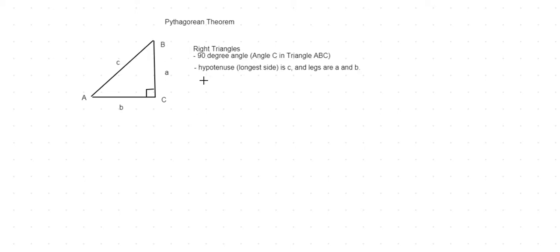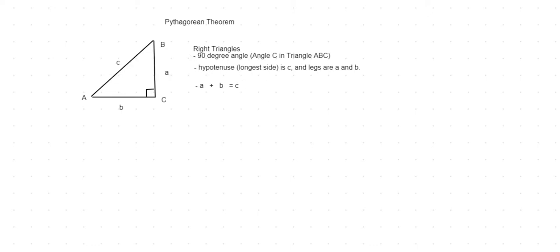So when we're given this information, a right triangle with a 90-degree angle at angle C in ABC, and we have a hypotenuse that is c in this case, and legs that are a and b in this particular case, they always had a specific formula that described the relationship between these sides. It would be this.